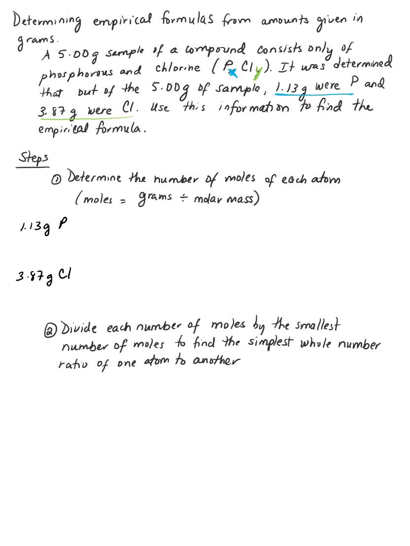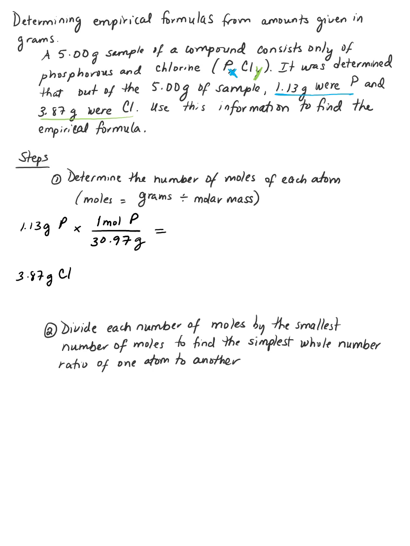For P, you have 30.97. So I have that every mole of P has a mass equal to 30.97 grams. So you can calculate the number of moles.